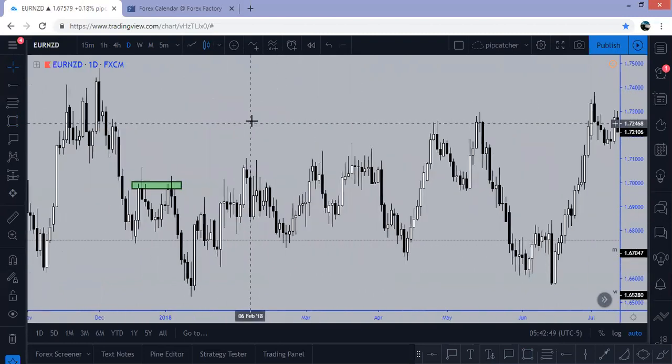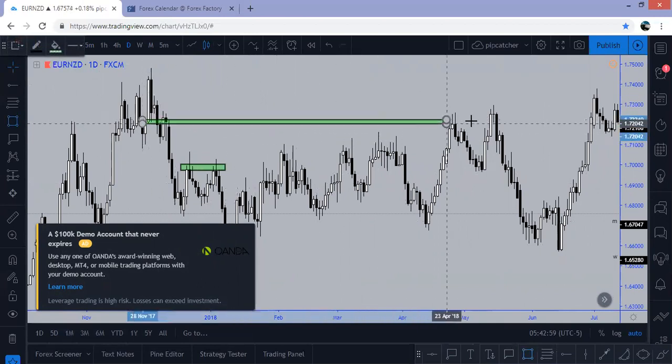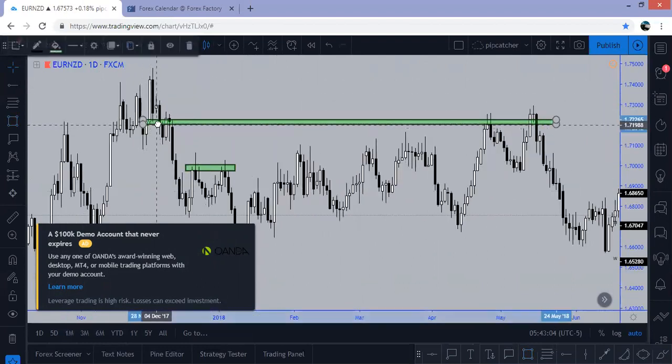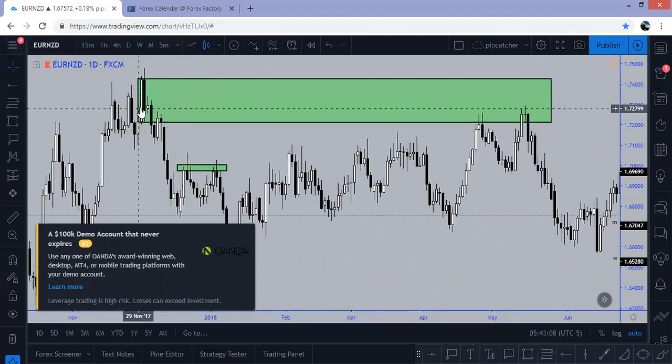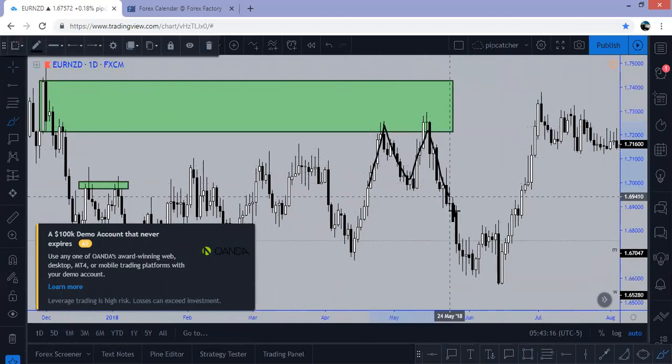They're irrelevant to me. Here's a reason why, right? Here's a double top down here, right? Here's a double top down here. But if I look at this last up candle right here on this daily time frame, and I go over, well, here's another double top right here, right? Here's another double top right here.